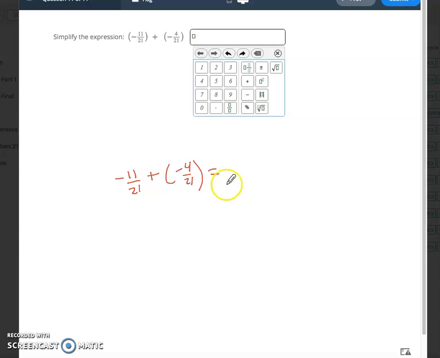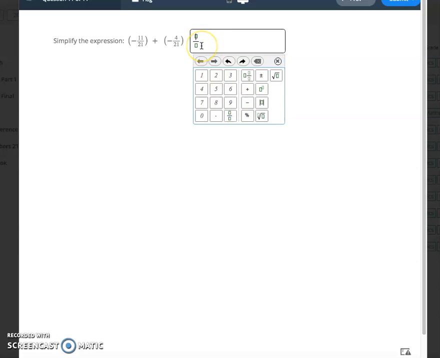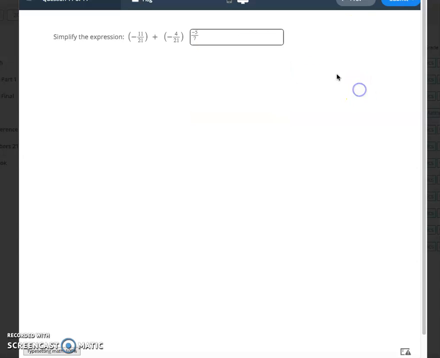Negative 11 plus negative 4 is negative 15 over 21. Negative 15 over 21 can be reduced to negative 5 over 7. So negative 5 over 7 is our answer.